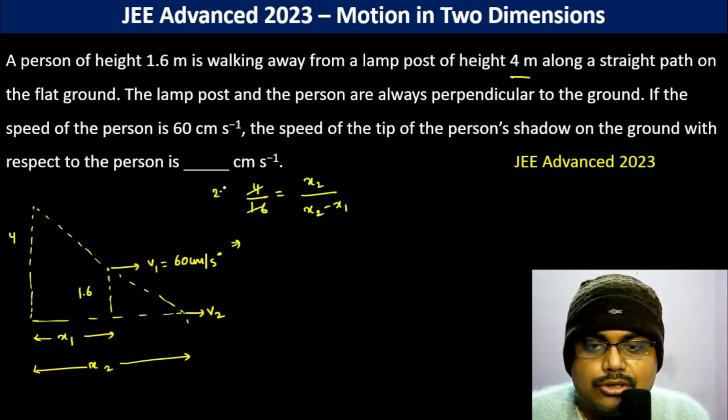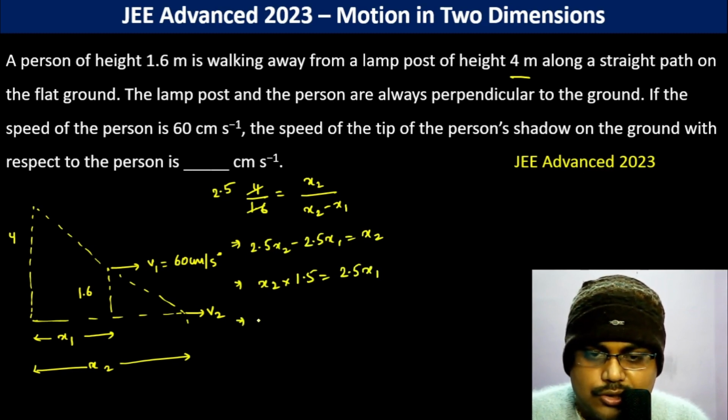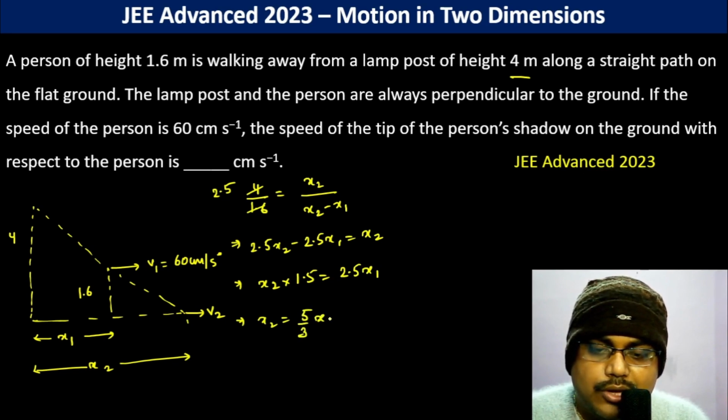This goes as 2.5. 2.5 x2 minus 2.5 x1 is equal to x2. So x2 into 1.5 is equal to 2.5 x1. Therefore x2 becomes 5 by 3 into x1.